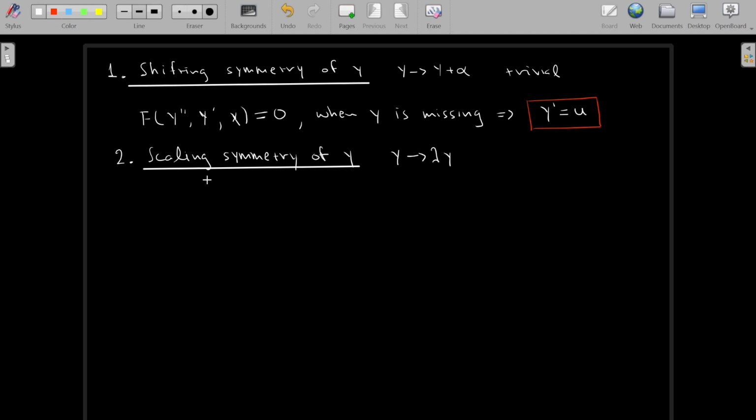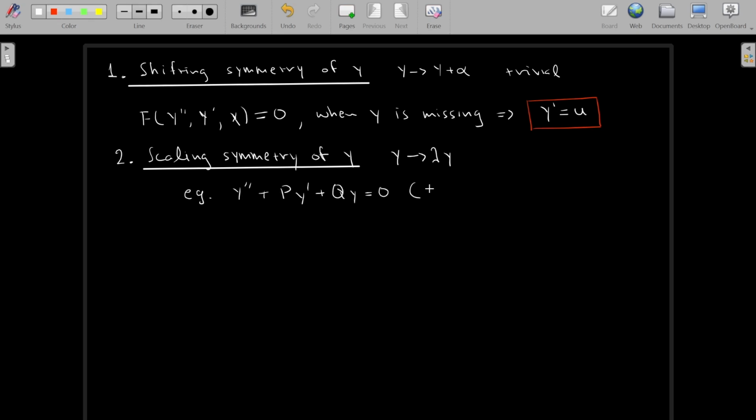Okay, and let's exhibit some examples to see what we are talking about. Let's say you have y double prime plus p y prime plus q y equal to 0, and y and its derivatives in each term are present only once.